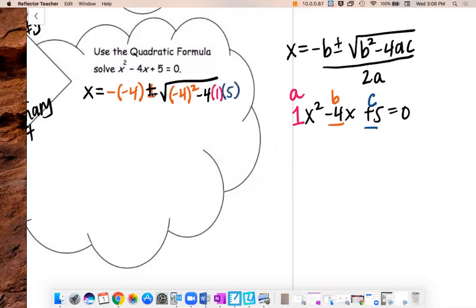And then all divided by 2 times a, and our a value is 1 in this case. So I seriously just took the a, b, c and plugged it in where it fit in the formula. And now we're going to start simplifying.